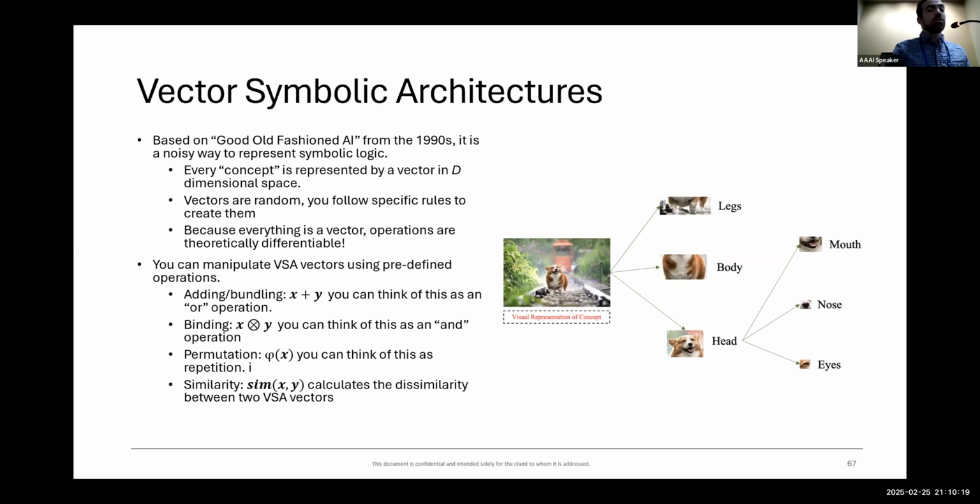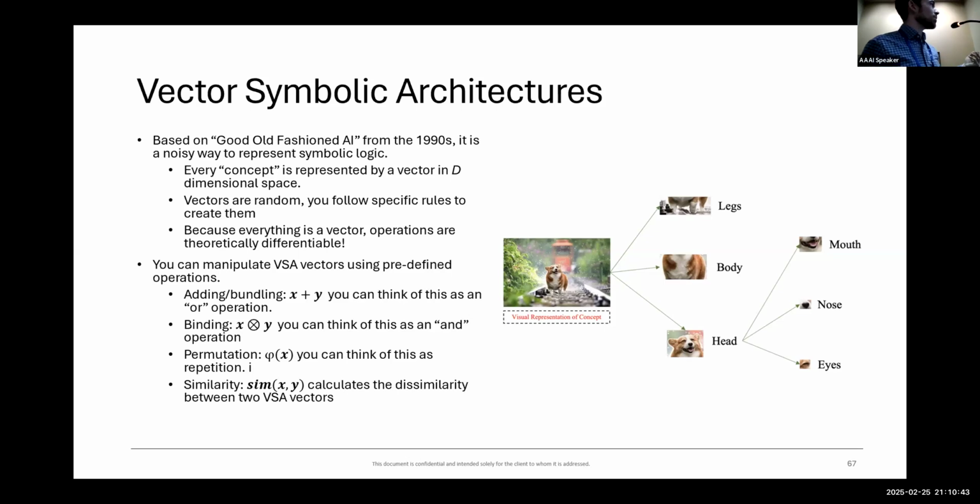So we're going to have a set of primary functions. I'm going to focus on one primary type of VSA. These can change a little bit depending on which one you're using, but this will be sufficient for our purposes. You have addition. Addition is regular vector addition. You're just adding the values in the vector together. You can think of this kind of like an OR operation.